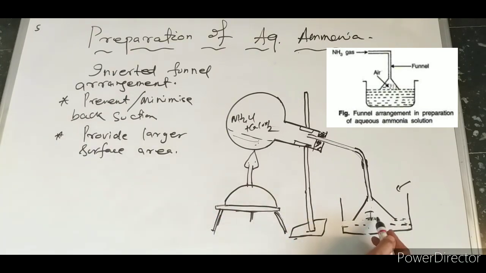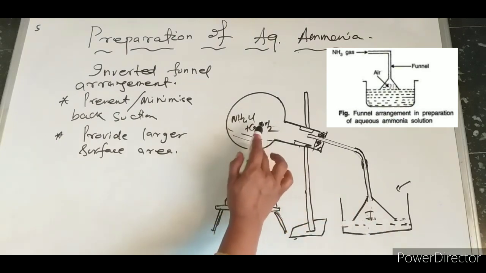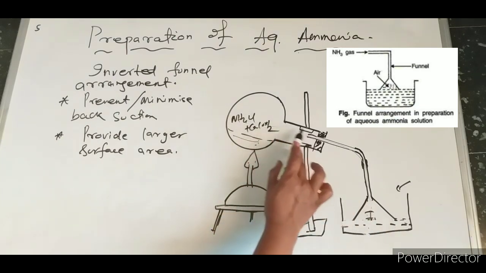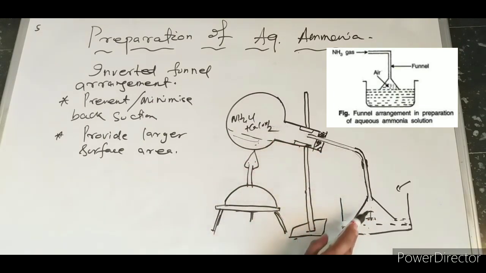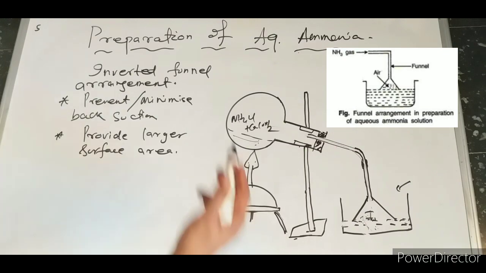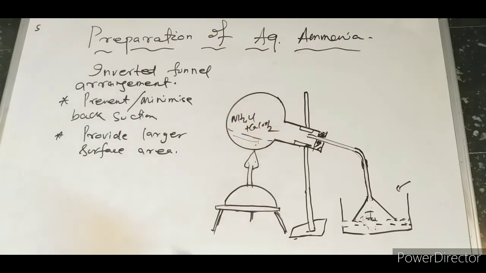Next, when ammonia is created, it exerts pressure here, so that the water comes back to the container. When the water level touches the rim of the funnel, it is pushed inside again, and the same process continues. Finally we get aqueous ammonia, or ammonium hydroxide.